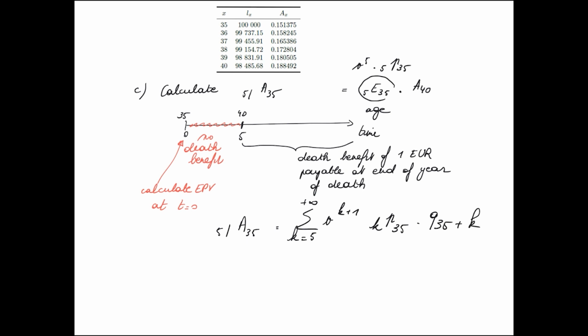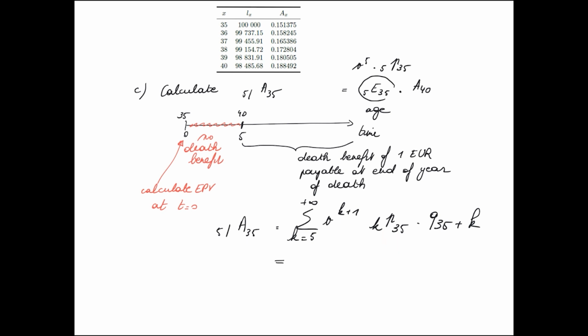And once again, and this reasoning is similar to what we did in part B of this exercise, if you look at the terms in this sum, they all share v to the power 5 multiplied with the 5-year survival probability of a 35-year-old. So we can put that one in front, and that's what we're gonna do.